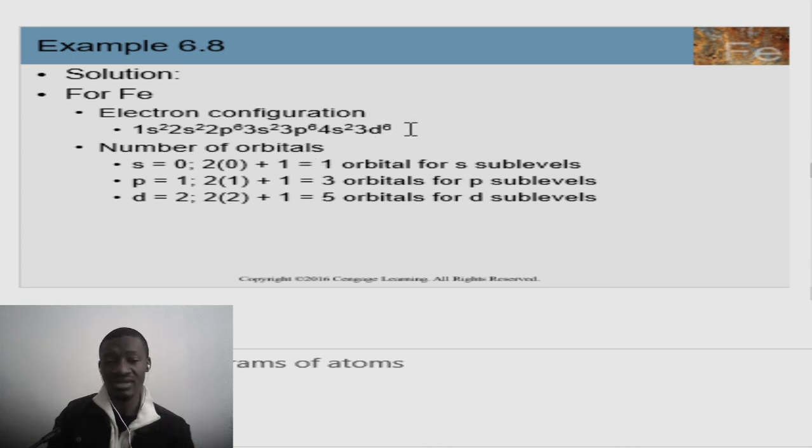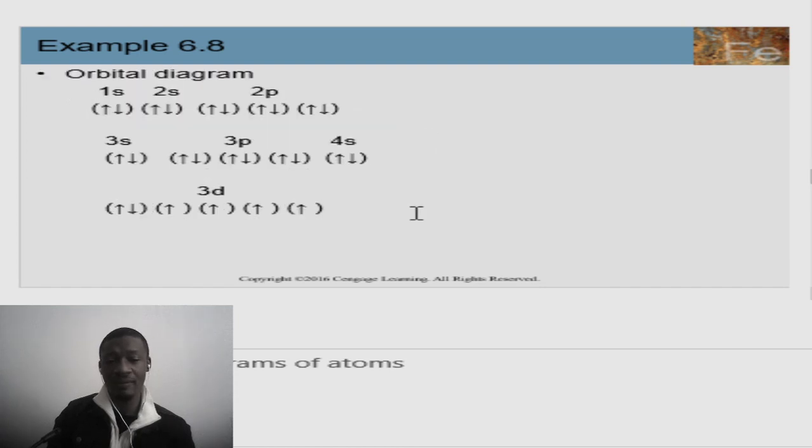Since iron has a d block, we'll have to do the d, which is 2 times 2 plus 1 is 5. So we have all of those details, then we'll start filling.